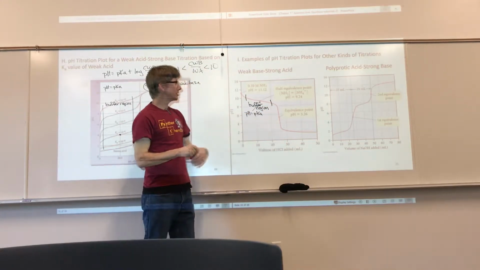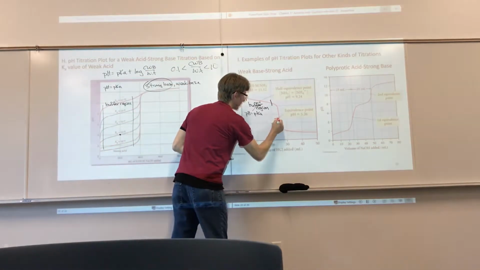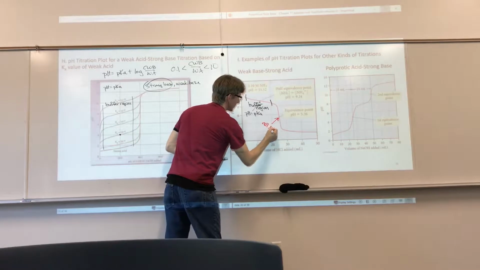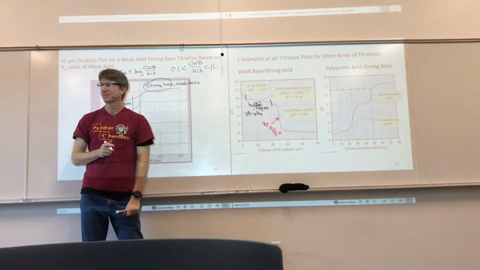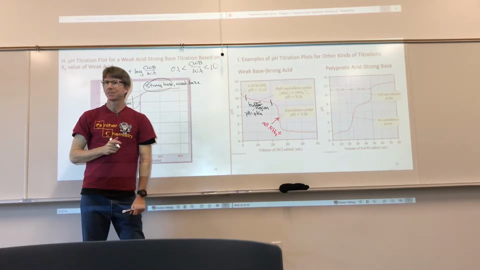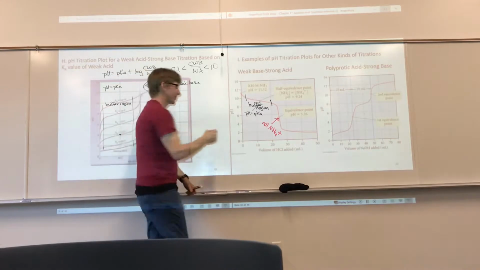At the equivalence point, you have all weak acid, and therefore the pH is less than 7.